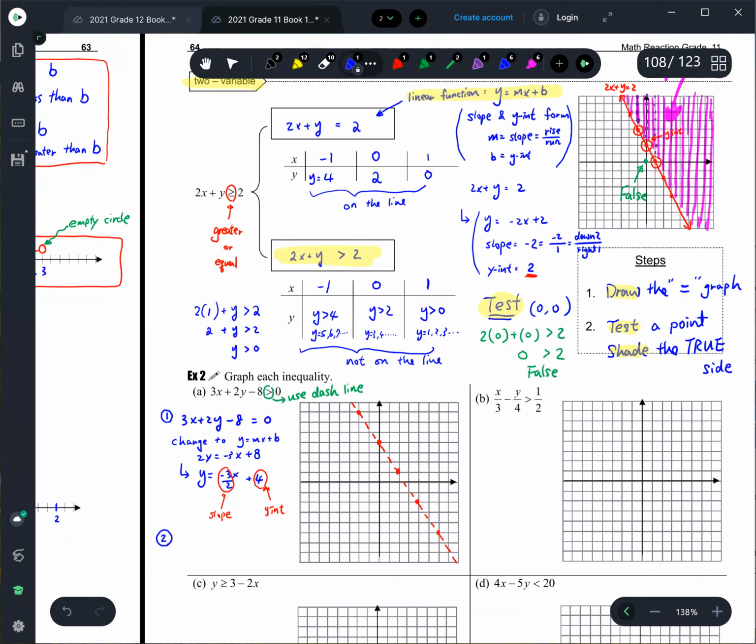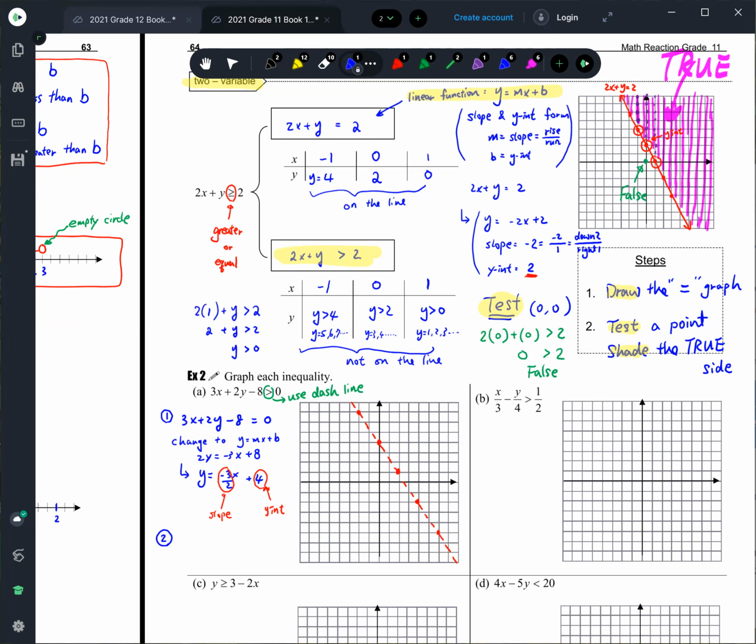Do you see in the box? What is step 2? Oh, so you plug it in? Yeah, we need to plug in what? The point. So that we call a test point.